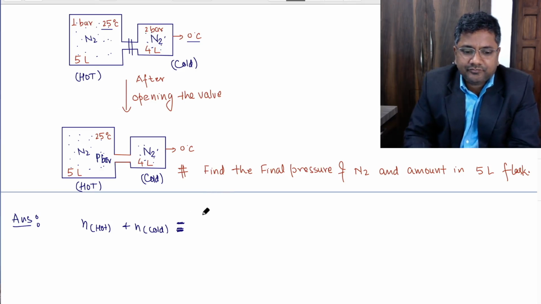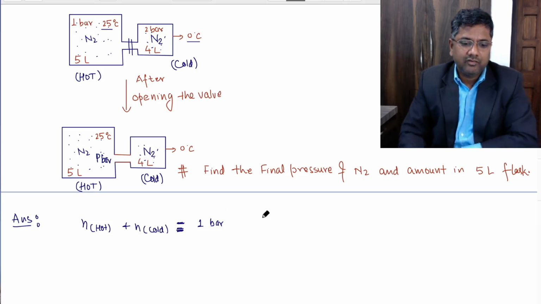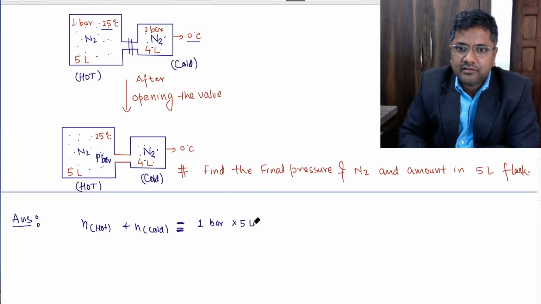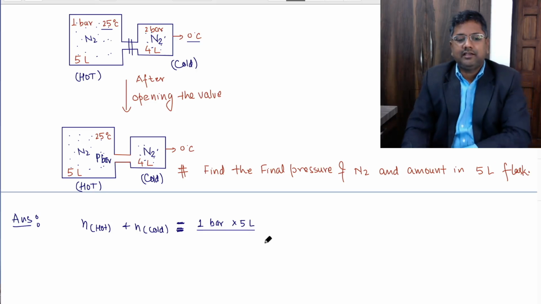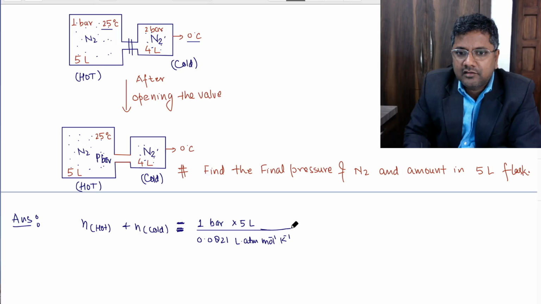Means we can write here 1 bar pressure and volume 5 liters, divided by R, 0.0821 liter atm per mole per degree Kelvin, right?